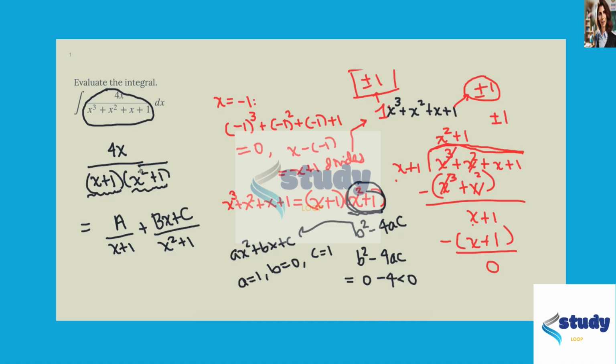Let's go ahead and multiply both sides of this equation by the denominator on the left. And we'll write the result on the next page. So after multiplying by that denominator, we get 4x on the left. On the right, A times x squared plus 1, plus Bx plus C, all times x plus 1.